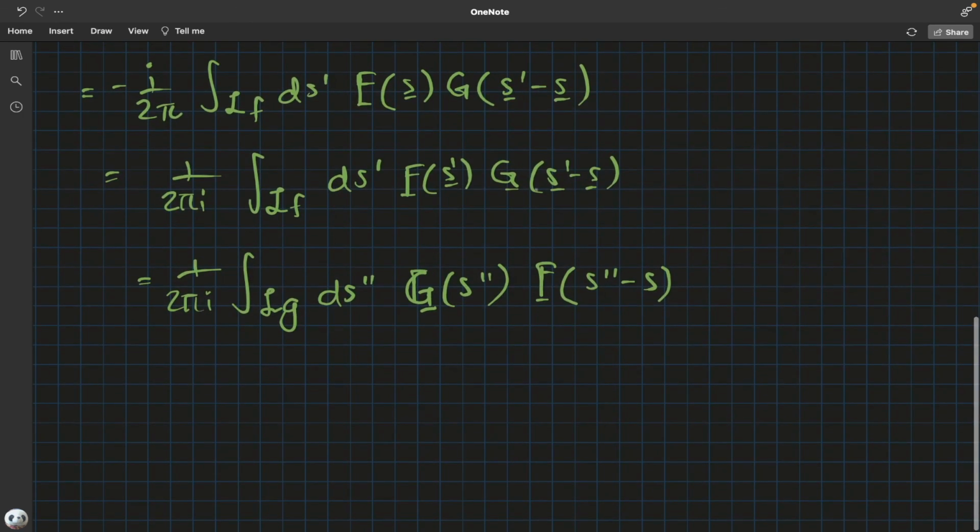So you notice the arguments switched around, but the important thing, unlike the Fourier transform formula for the same, is to pay attention to what contour we're really inverting on.